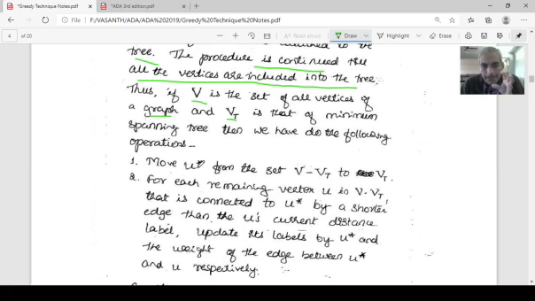That is the algorithm. Step 1, what we do is we move u star. Now u star is one particular vertex when you take it, right? You move this vertex u star from the set V minus V_T.